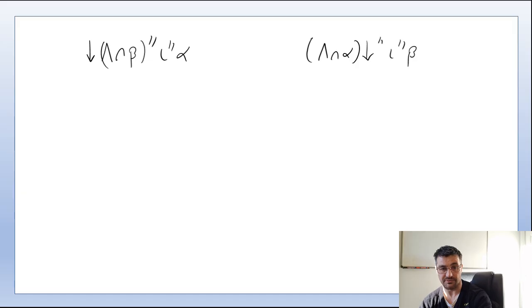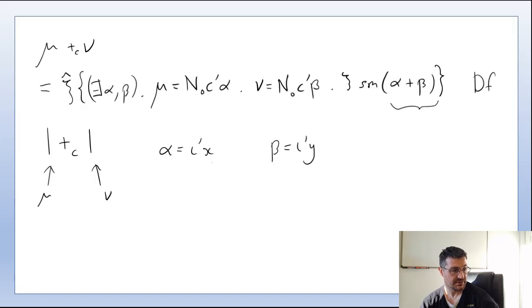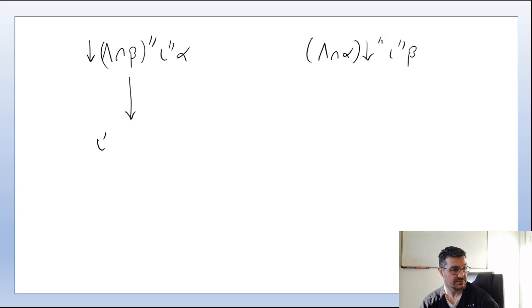So I'm just using the notation from the definition here, but this class will end up being effectively iota primed, so it's a member of alpha. It's just going to be x, sorry. Either way, this class is going to contain a single relation. I've not thought about it enough, to be honest with you right now, but there's going to be one relation in here, and there's going to be one relation in here.